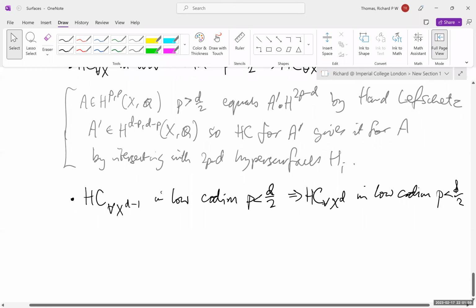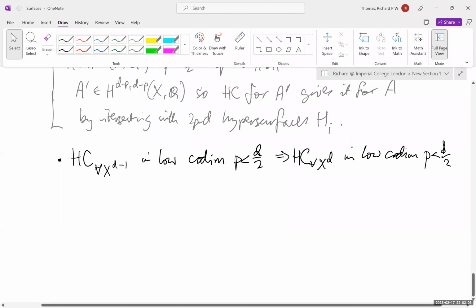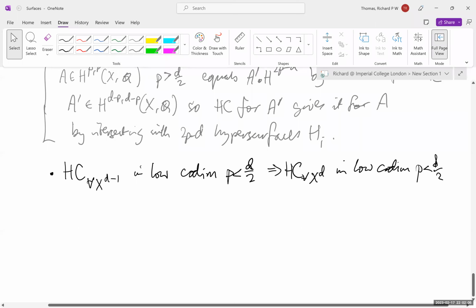So to prove the Hodge conjecture for X_d, I can actually deduce it from the Hodge conjecture in one less dimension, from a smaller variety, by passing to hypersurfaces.